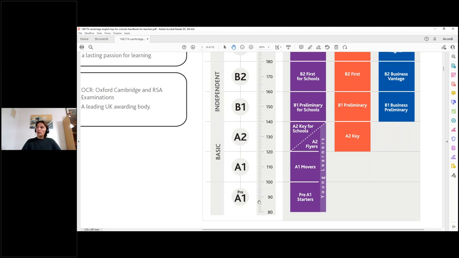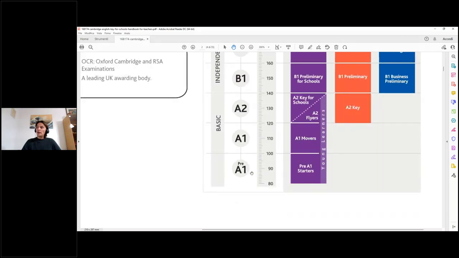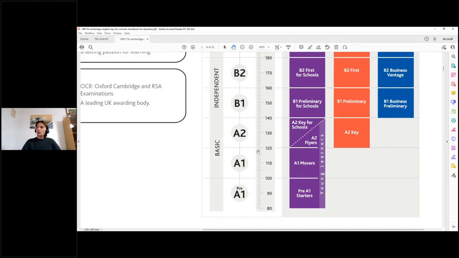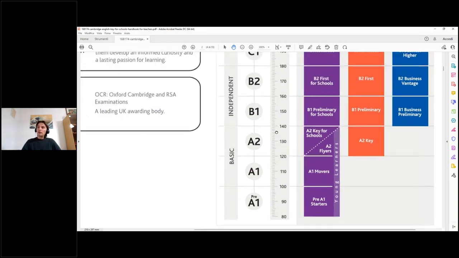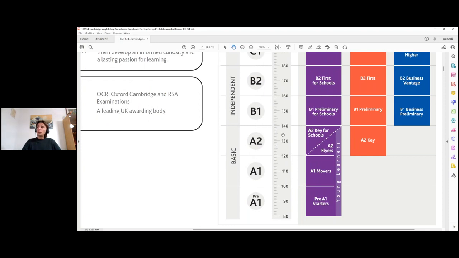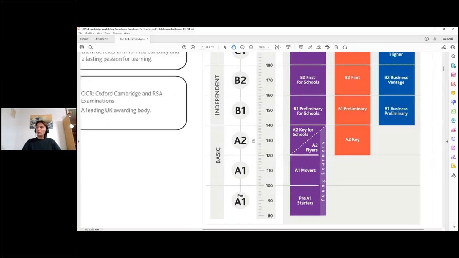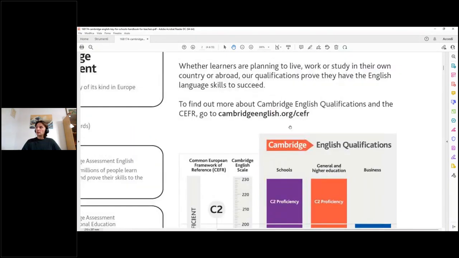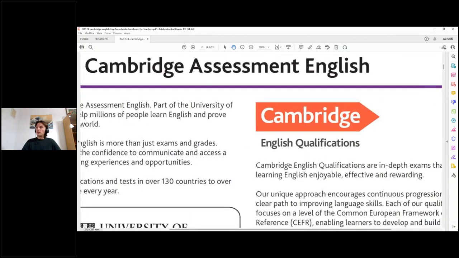So let's say if we did everything right here, we got 60 points. You know, we need 120 points to pass the A2 Key level. So we need a minimum of 120 points, but in order to get the final score, we have to wait for the listening and the speaking exam to get you the right final mark.